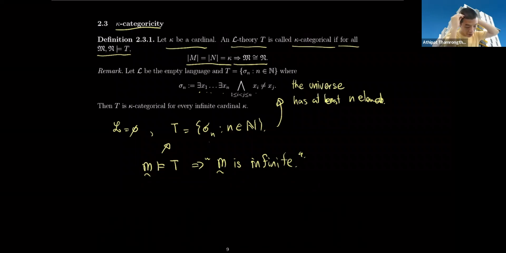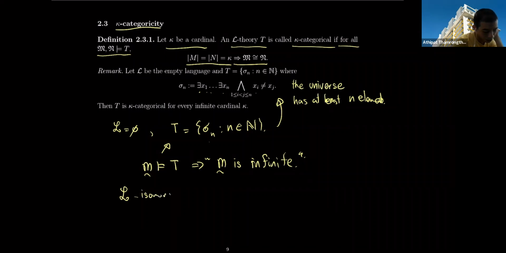And once we have this, what do we have here? If we look at the empty language, right? If you consider L-isomorphisms in this language, by going back and looking at the definition of L-isomorphisms, you can see that L-isomorphisms in this case are just bijections.